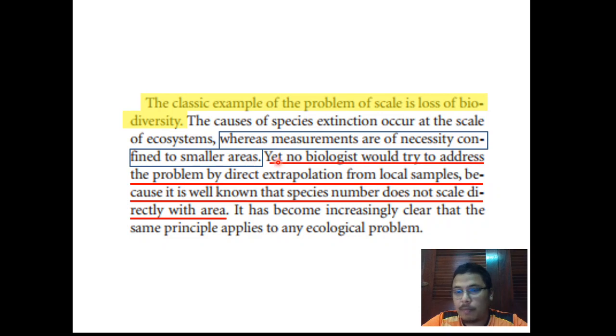Yet no biologist would try to address the problem by direct extrapolation from local examples, because it is well known that species number does not scale directly with area. It has become increasingly clear that the same principle applies to any ecological problem. So this is one of the examples. I just read it from the textbook.